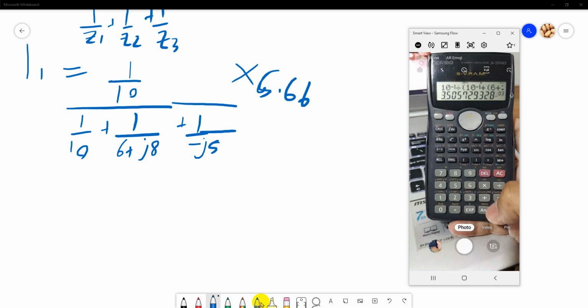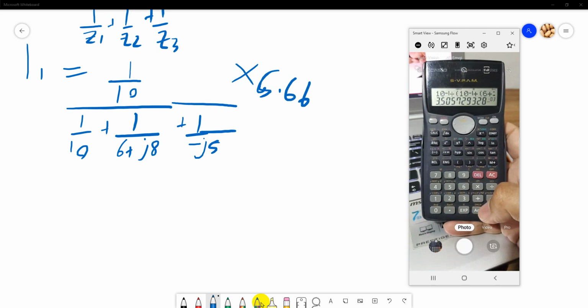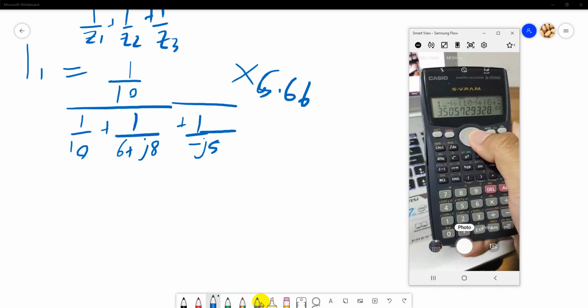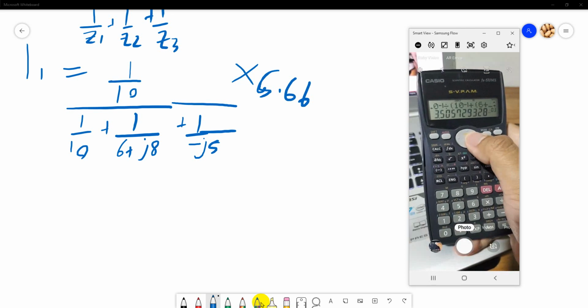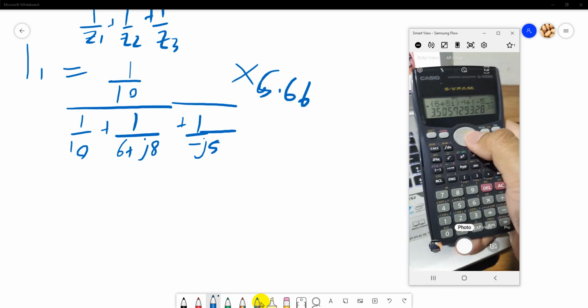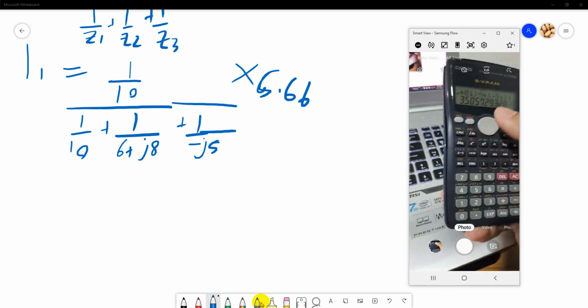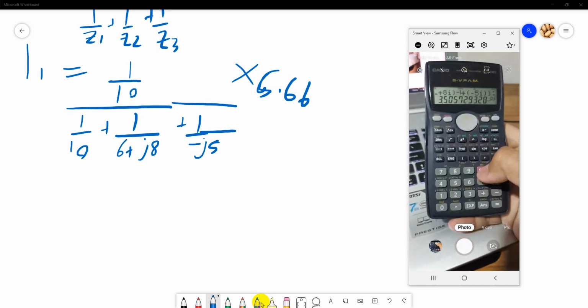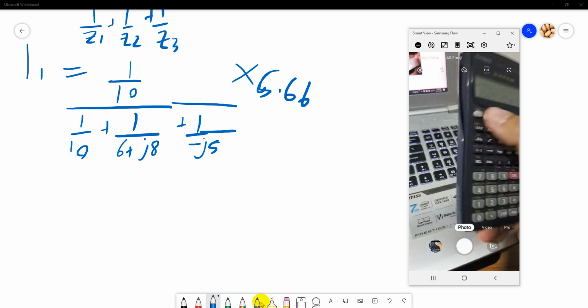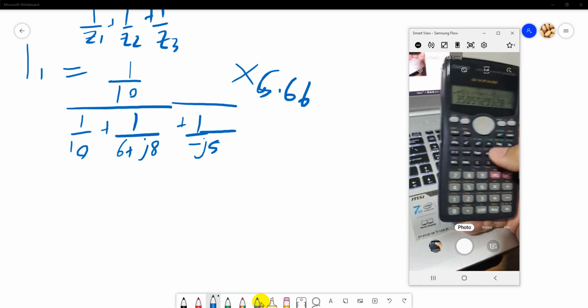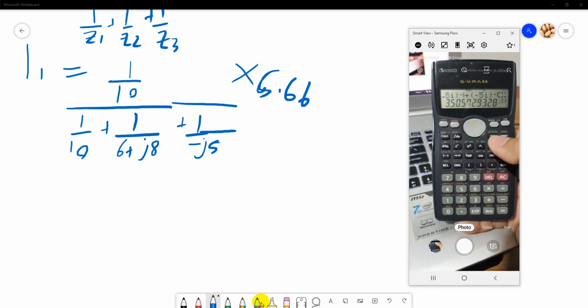Make sure that after you enter this, you have entered it correctly. For the reciprocal, I use shift delete, which means insert negative 1.